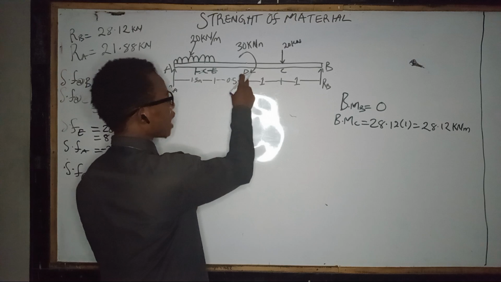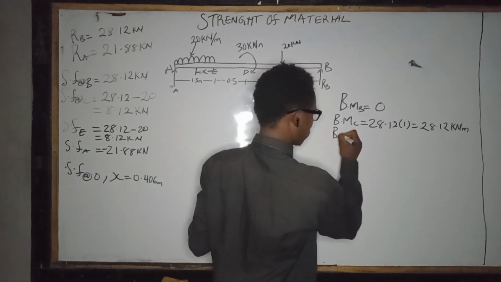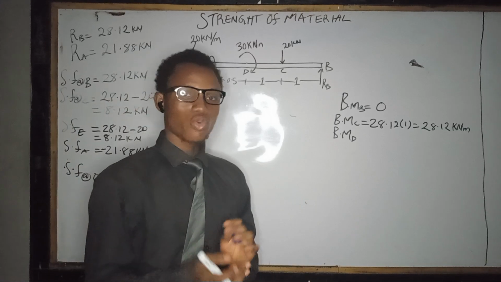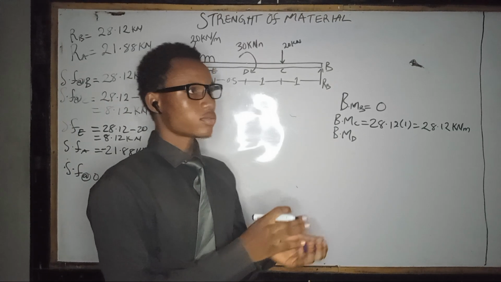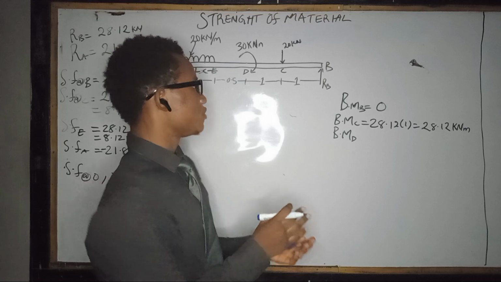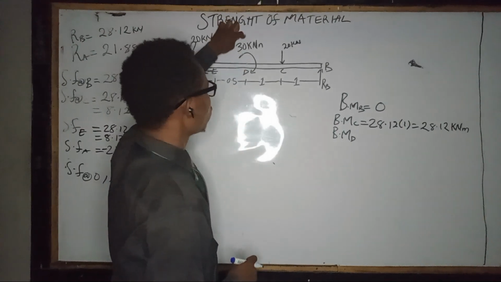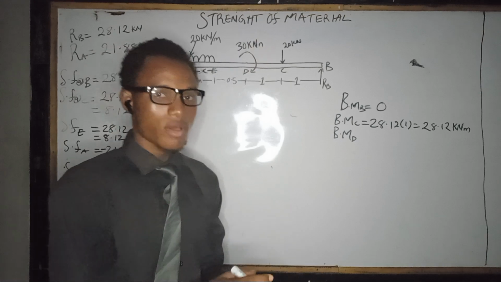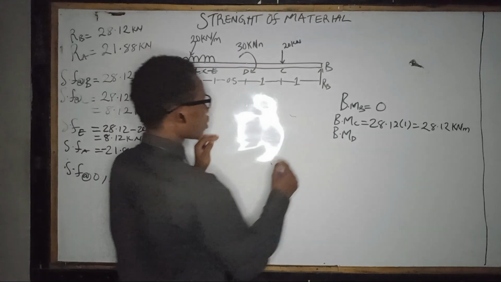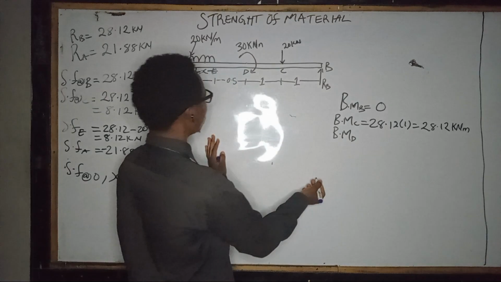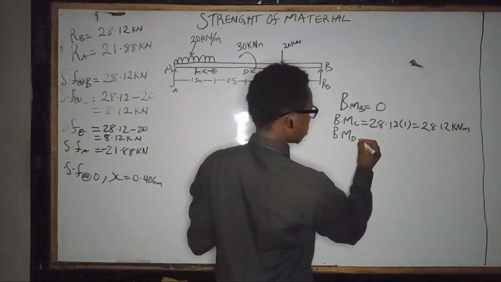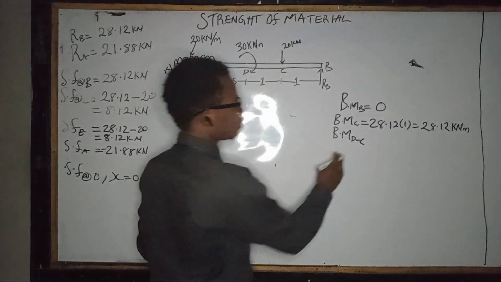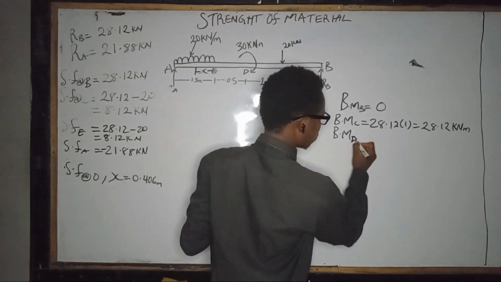So then at D, our bending moment at D, we are going to have two faces. One is going to be the face whereby there is no moment, and the other one is going to be the face whereby there is a moment. Let me name it D1.